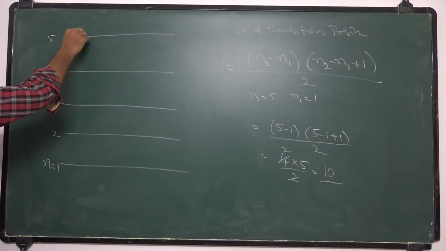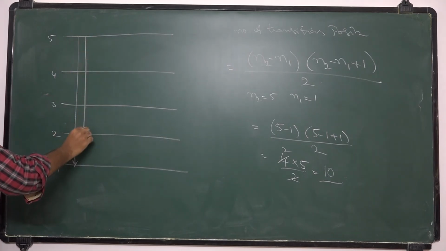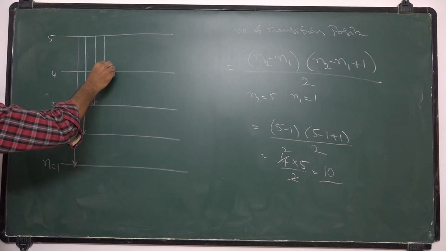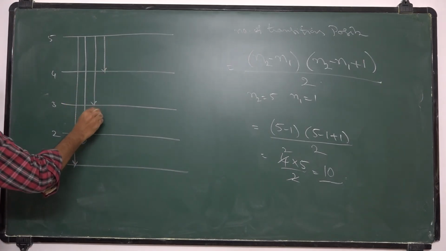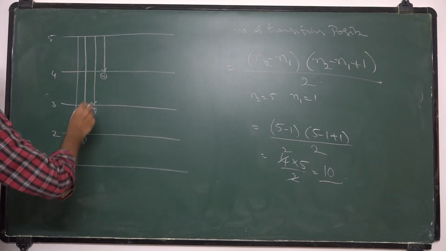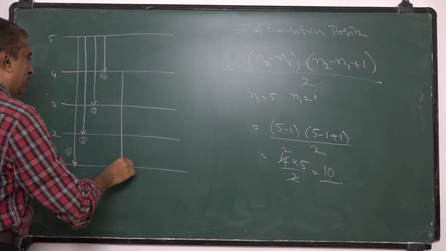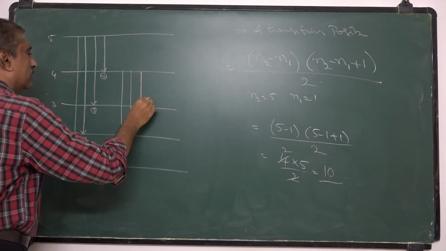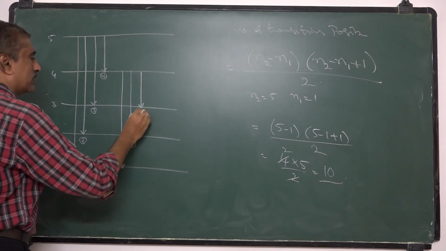What are they? Fifth to 1, fifth to 2, fifth to 3, fifth to 4: that is 1, 2, 3, 4. Now from the fourth state to the first, second, and third states: that means 5, 6, 7.